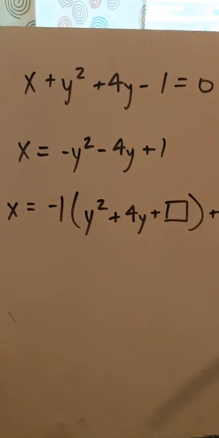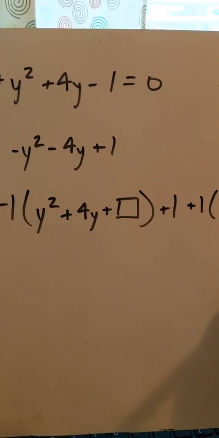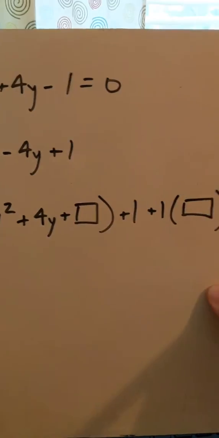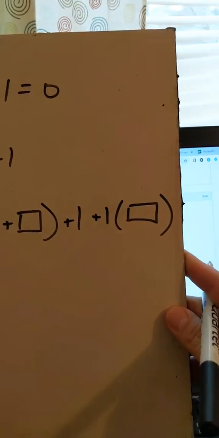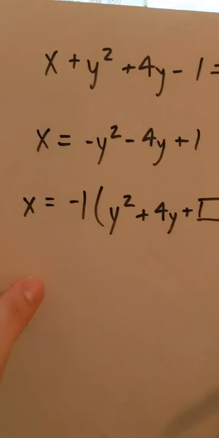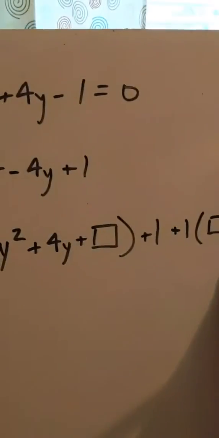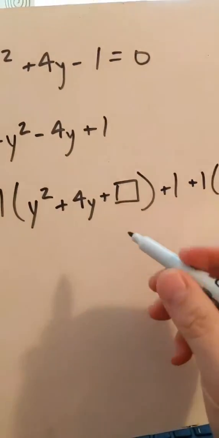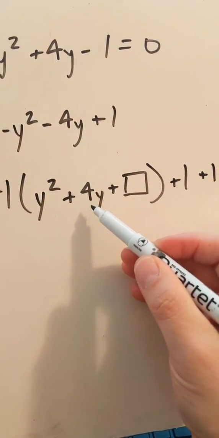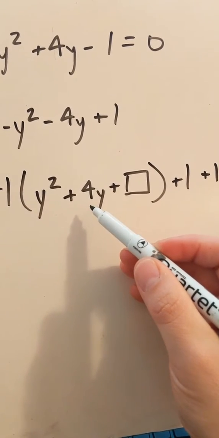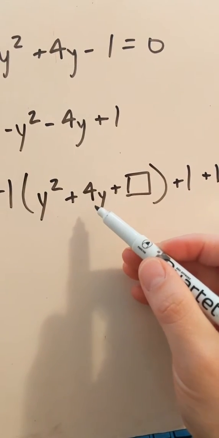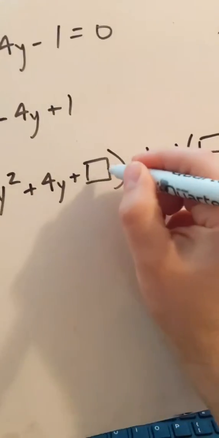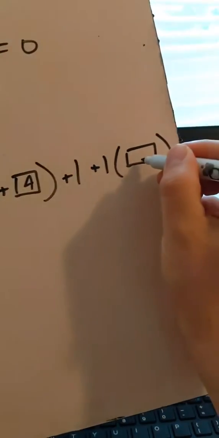And then we have to get this +1 factor to cancel out this -1 blank. What number goes in the blank would be this number here, 4 divided by 2, squared. 4 divided by 2 is 2. 2 squared is 4. So I'm going to put a 4 here and a 4 here.